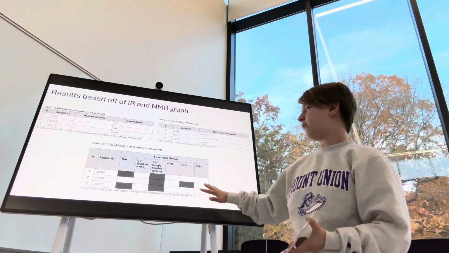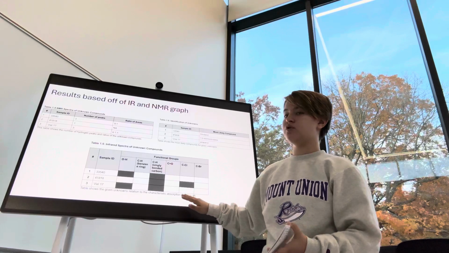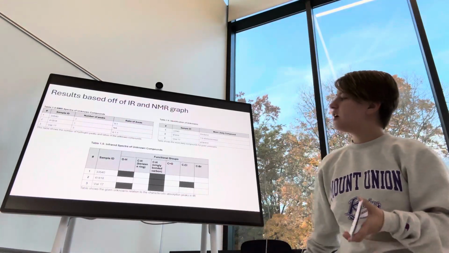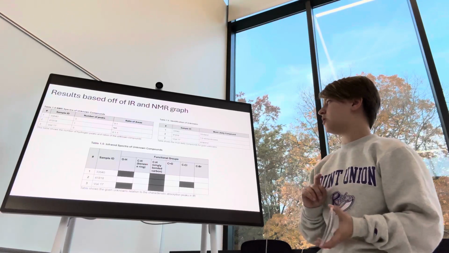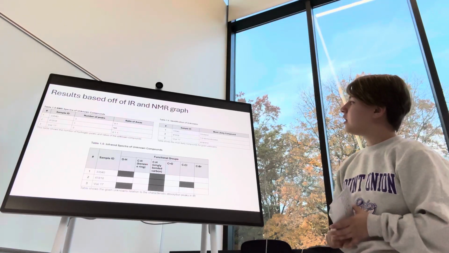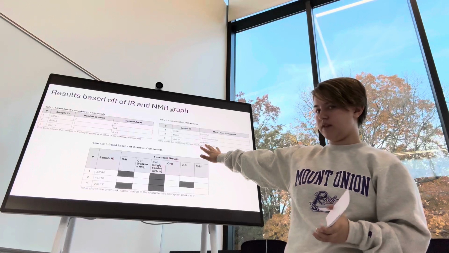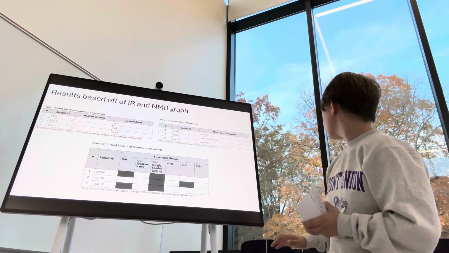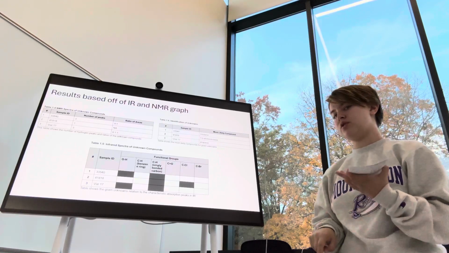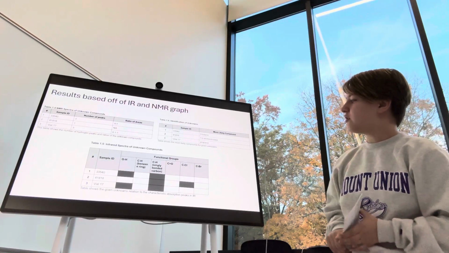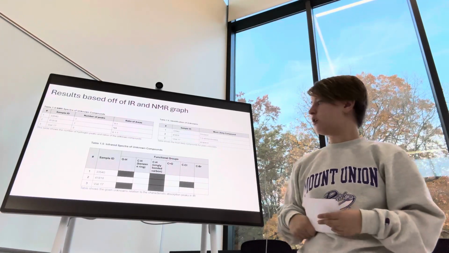Then table 1.5 shows the infrared spectra of the compounds, and vial 17 had an OH bond and a CH singly bonded carbon. And table 1.6 shows the identifications of the unknowns based off the information from the graphs. In tables 1.2 and 1.3, vial 17 was revealed to be 2-propanol.